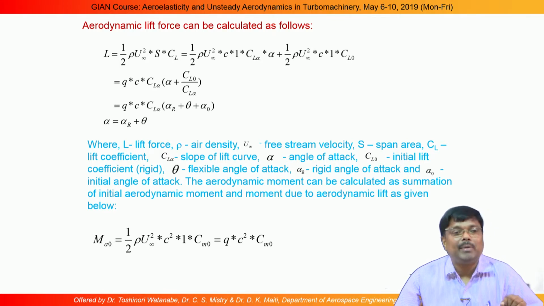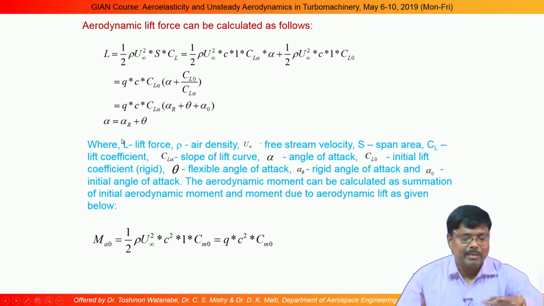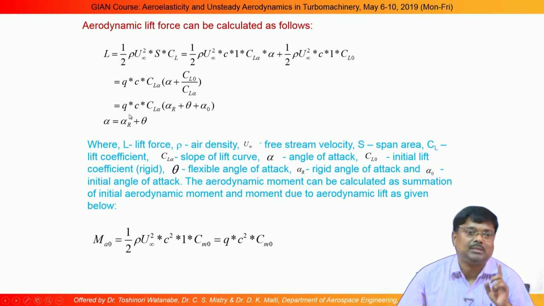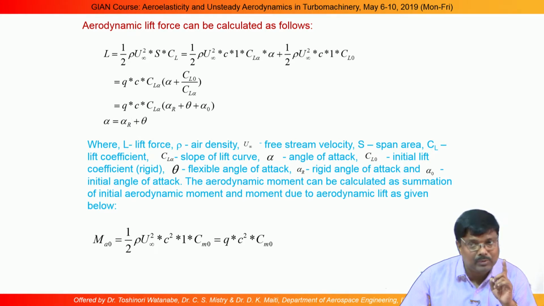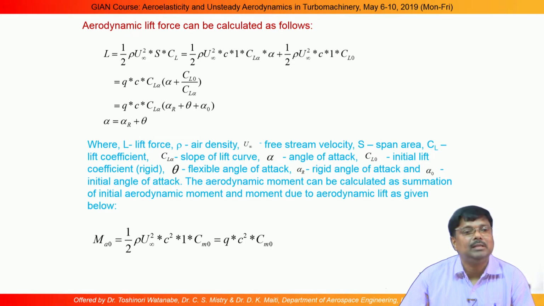In this angle of attack, I am saying there is a rigid angle of attack plus theta. So alpha is alpha r plus theta. Alpha r comes from the initial angle of attack, and theta comes due to the elasticity of the wing.